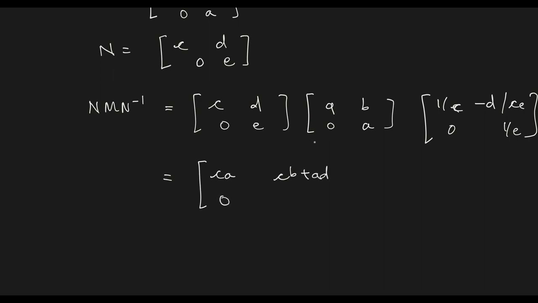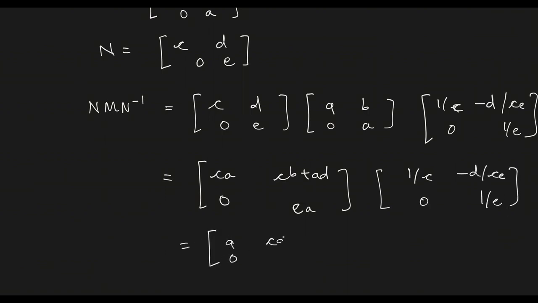Here 1 by C will come, right, C upon CE is its determinant. Oh, we did it the other way round, okay, got it. CB plus AD, EA, and this is 1 by C 0 minus D by C 1 by E. This is equal to A 0 CD by E, and this is A.